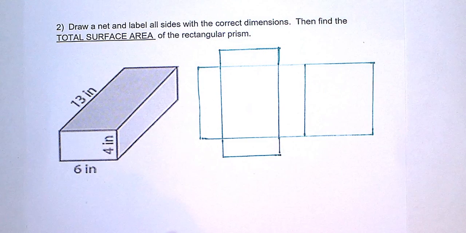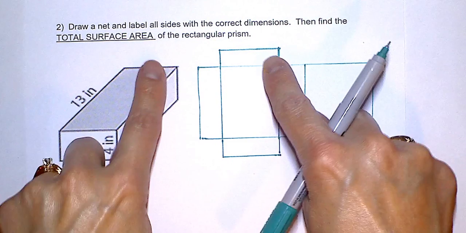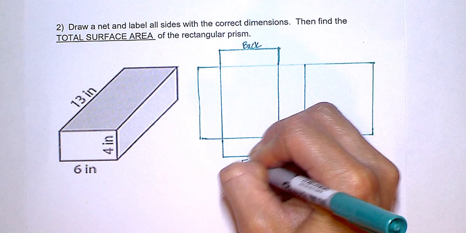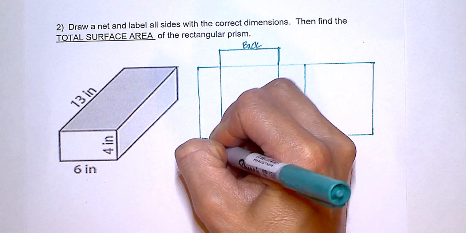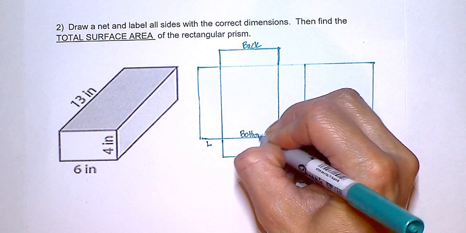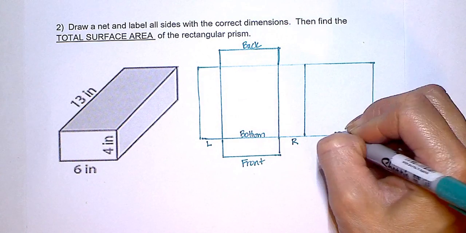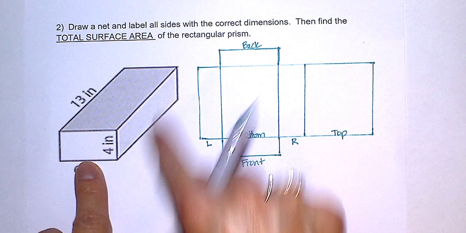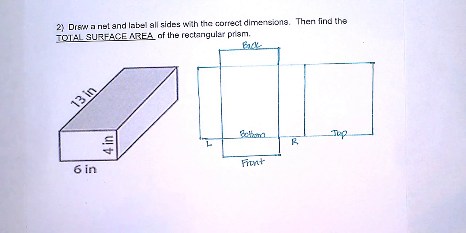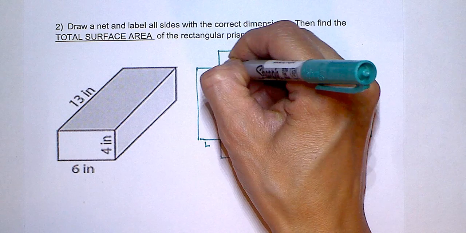Okay, so this is the back, this is the front, this is the left, this is the bottom, this is the right, and this is the top. So if I unfolded this entire box and laid it flat. Okay, sorry you can't see this line, very dark.